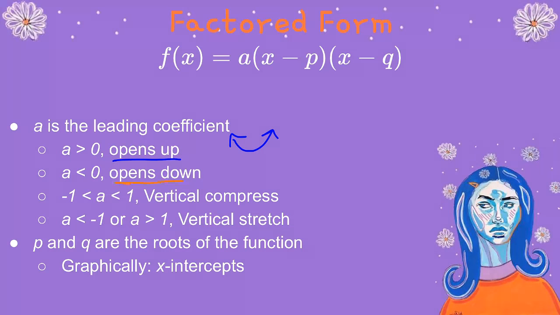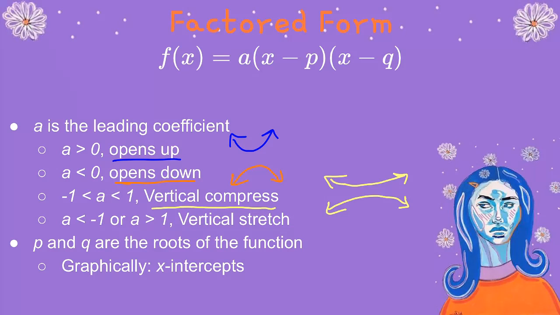If the graph opens down, these are all parabolas, remember, because they're quadratics, it will open down when a is negative.